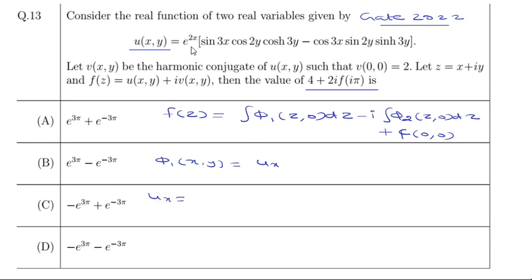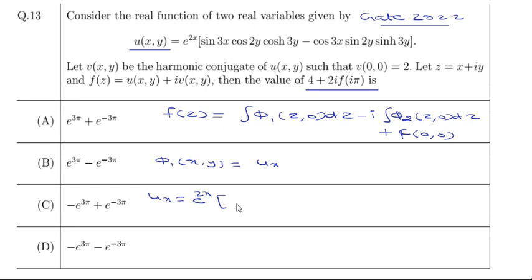So here we need to use the product rule to find the partial derivative of u with respect to x. So u equals e power 2x times the expression. Here we will differentiate.